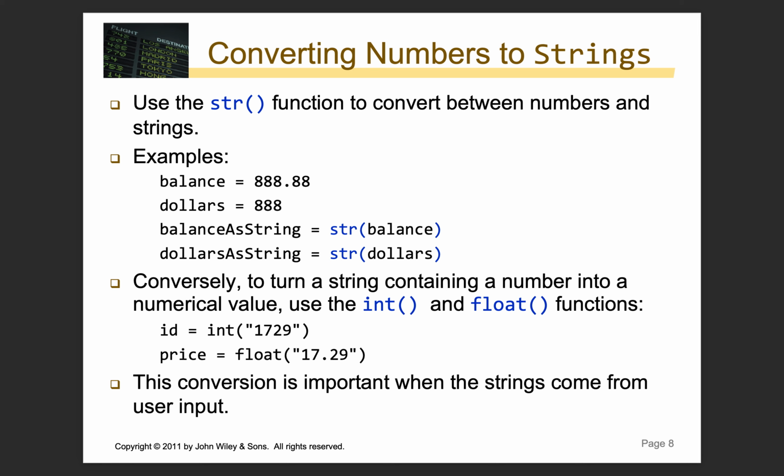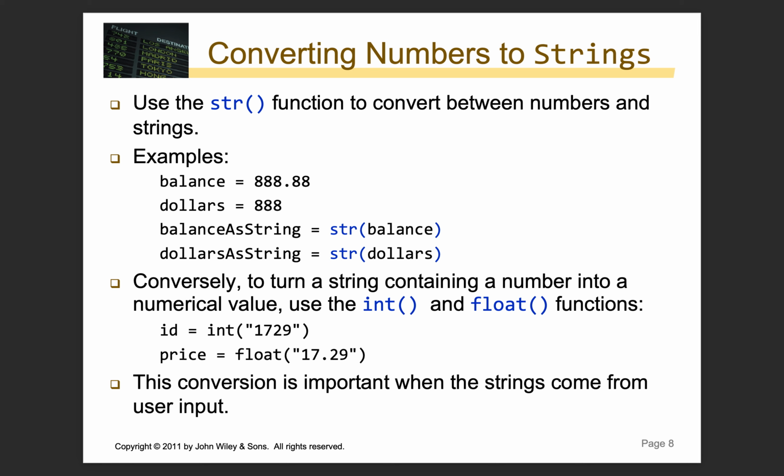Then I could turn my balance from a numerical value, that floating point value, into a string using str balance. I could do the same thing with dollars. I could turn the integer value, 888, into a string using the str call by providing dollars as the argument. So str open parentheses, dollars, close parentheses.